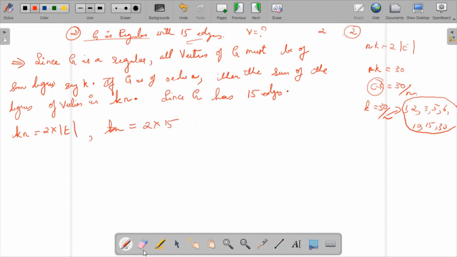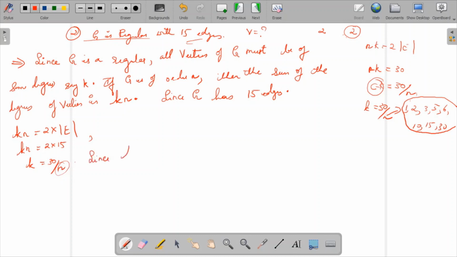So right here, kn is equal to 2 into 15. So we'll get k is equal to 30 by n. This n value I have to find actually. We don't know the k value also here, because k can be anything in a regular graph, any number of degrees. So we are supposed to find the possible positive integers n.